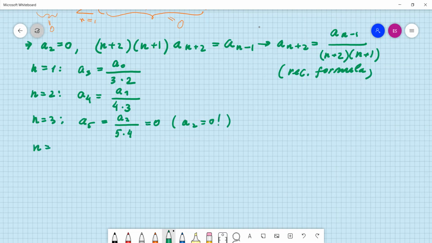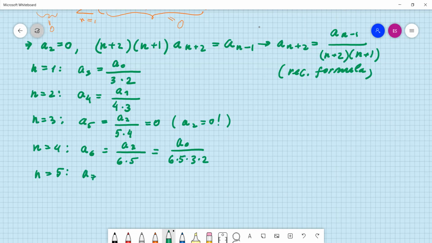Okay, and n equals 4 is going to give a6, which is going to be a3 over 6 by 5, but we already know a3 is a0 over 3 and 2, so we're going to have a0 over 6, 5, 3, 2. Looks like we're missing 4 here, right? Interesting. One last one, okay? And again, that's just an example of how differently the series can look.